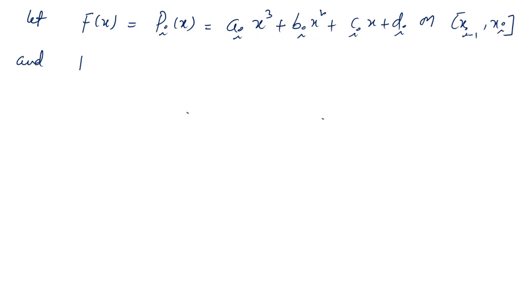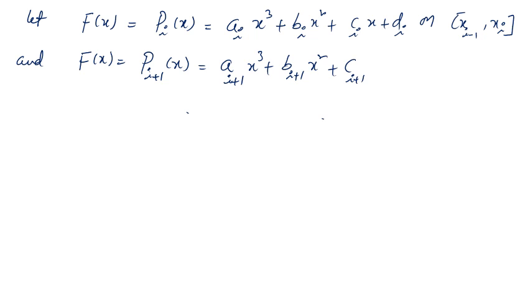And again the polynomial f of x, with i plus 1, becomes ai plus 1 x cube plus bi plus 1 x square plus ci plus 1 x plus di plus 1, on the interval xi comma xi plus 1. Both are the same kind of polynomials, but the intervals are different. One is xi minus 1 to xi, another one is defined on xi to xi plus 1.